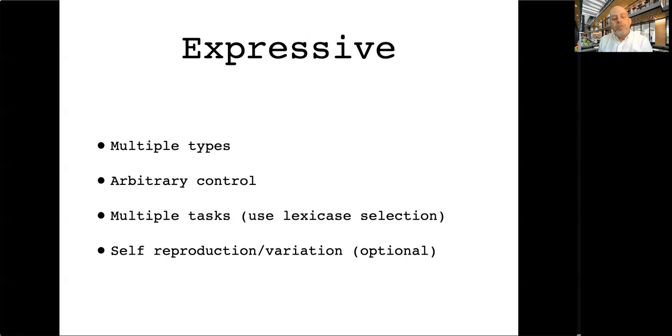Another issue with traditional program representations for genetic programming is when you want to evolve programs that complete multiple tasks. Okay, so if you want a program that does not just return a number, but maybe returns a list of strings and a number, and performs another task that involves different data types.